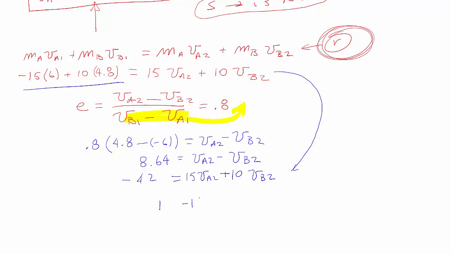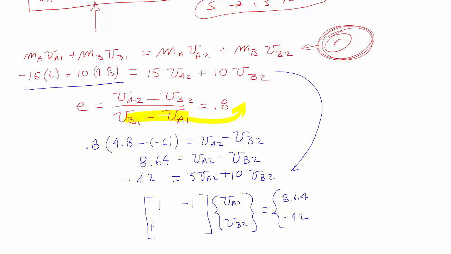1 minus 1, VA2, VB2 equals, so I'm rotating each side, but you can see what I'm doing here. 8.64 minus 42.